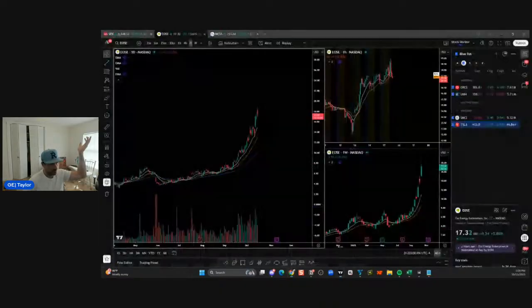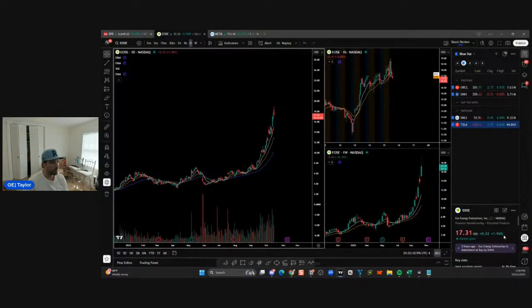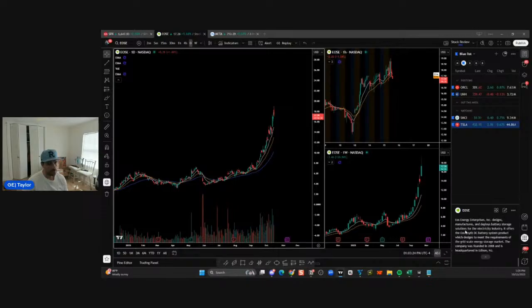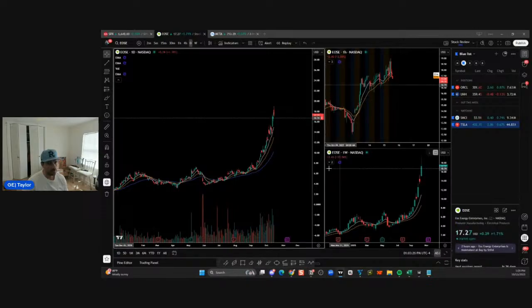This thing is super bowled up. It looks like this is being driven by energy, AI energy, all that good stuff. No, battery storage. Got it.